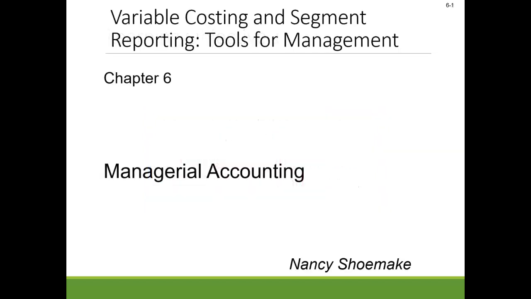This chapter talks about variable costing. We're trying to compare variable costing to absorption costing. But this is more of a tool for when there's a department or a specific segment of the company they're trying to decide if they dispose of or keep going.